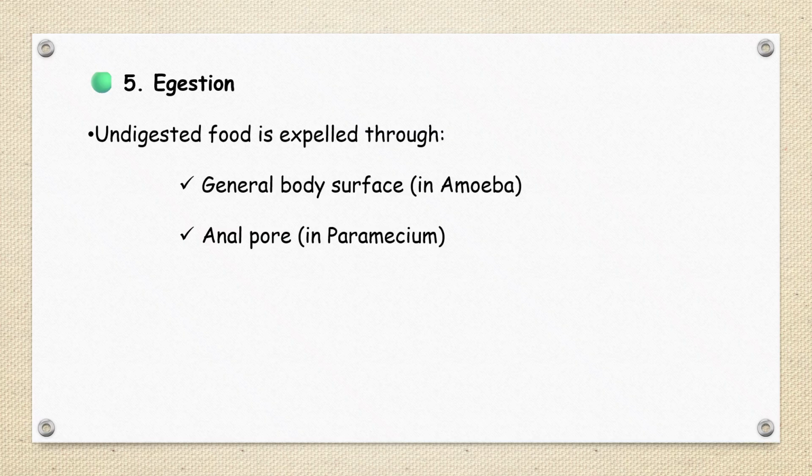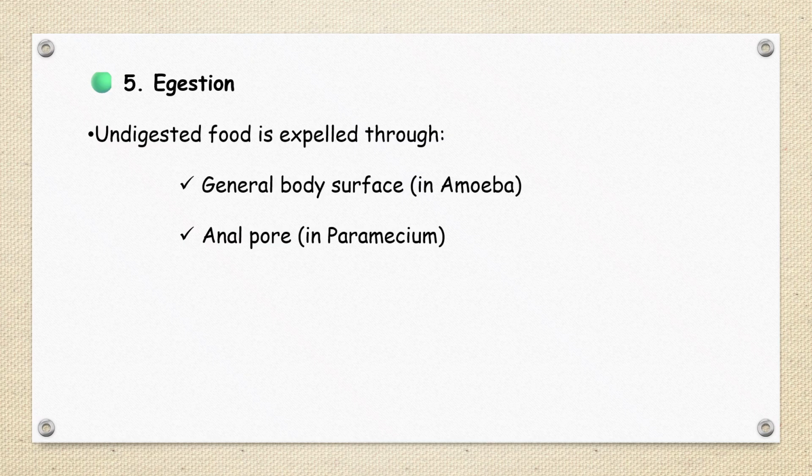The last step is that the undigested food materials still left over inside the food vacuole are expelled from the body with the help of that food vacuole, through the body surface. It depends on the protozoan.